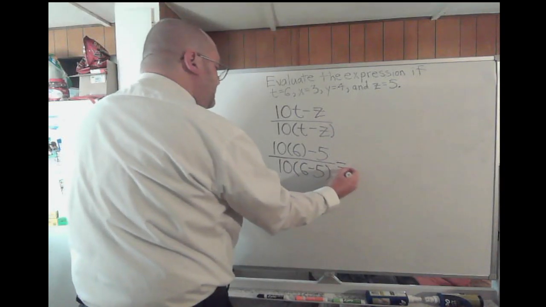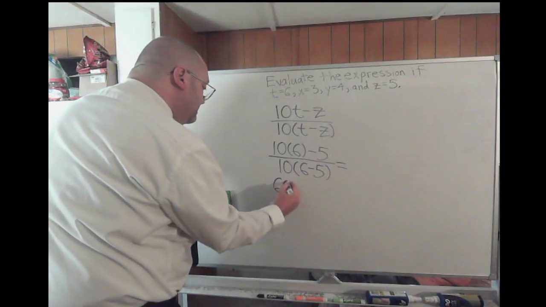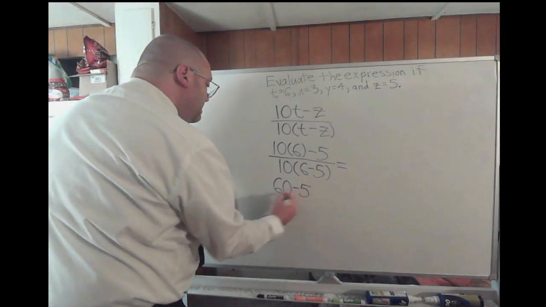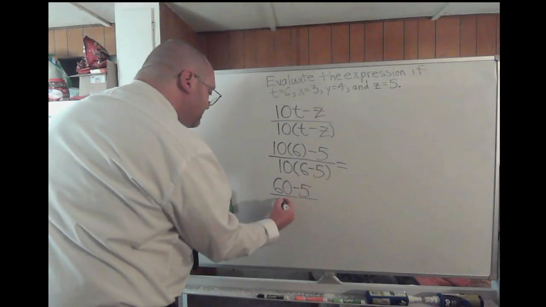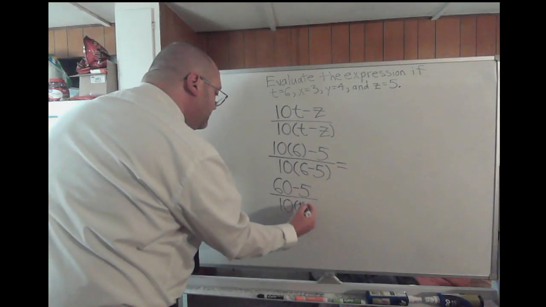Now let's take this one at a time. The numerator, 10 times 6, that's 60, minus 5, all over 10 times the quantity of 6 minus 5, which would in fact be 1.